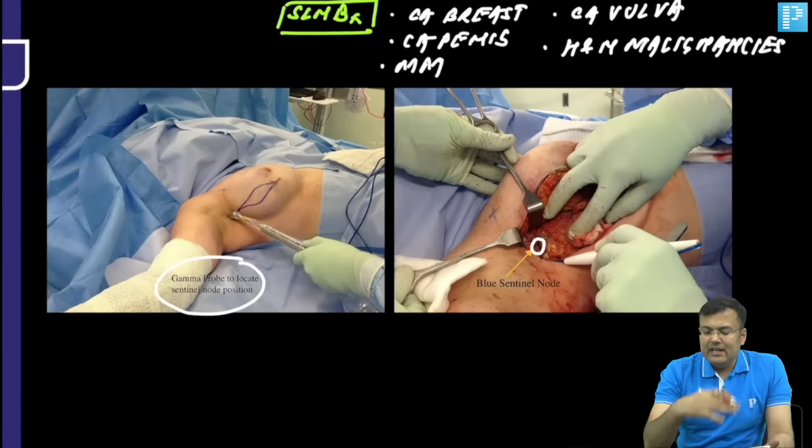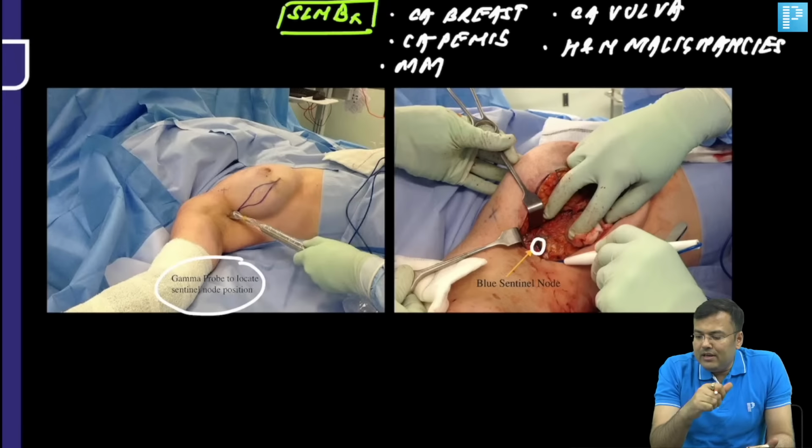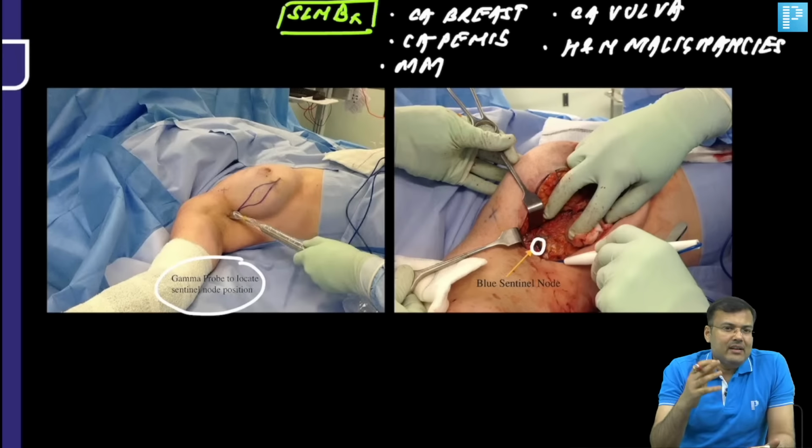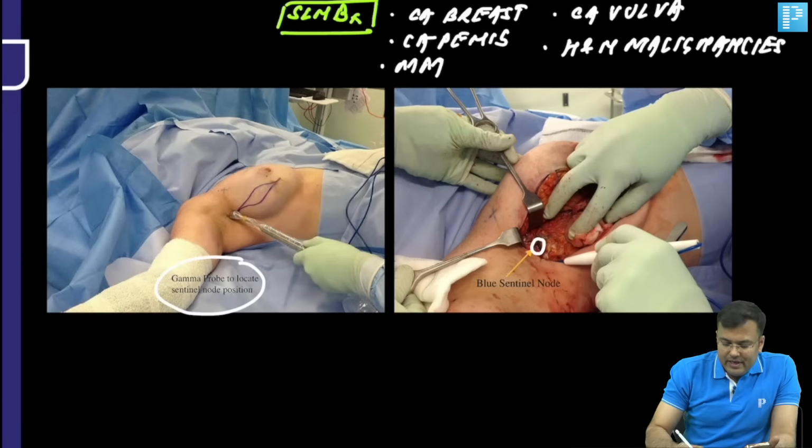Second question: whenever we are performing sentinel lymph node biopsy in the breast, we have two techniques. One is the blue dye technique and the second is the technetium labeled colloid technique, or radioactive colloid technique. Can you tell me the name of the dye used in the blue dye technique?